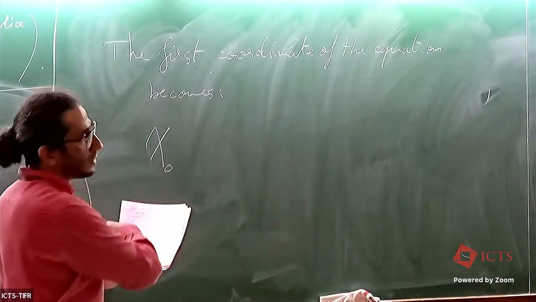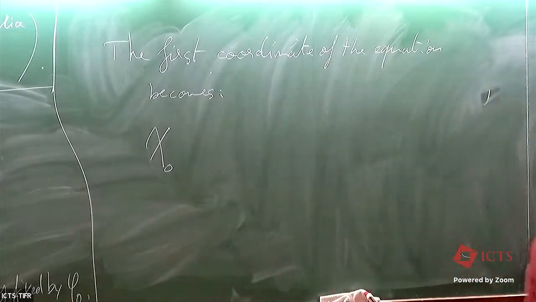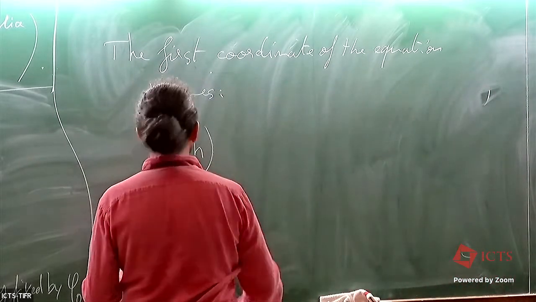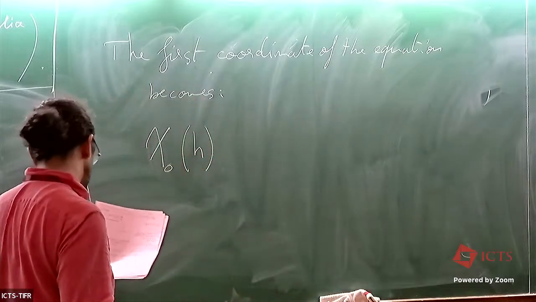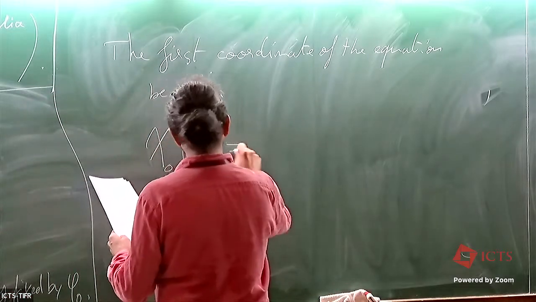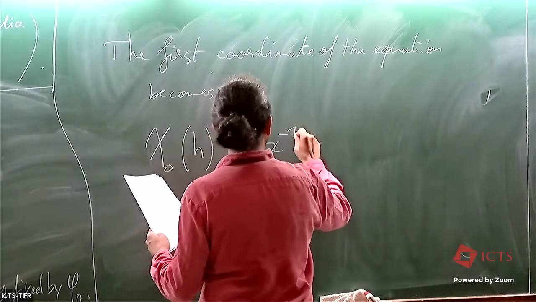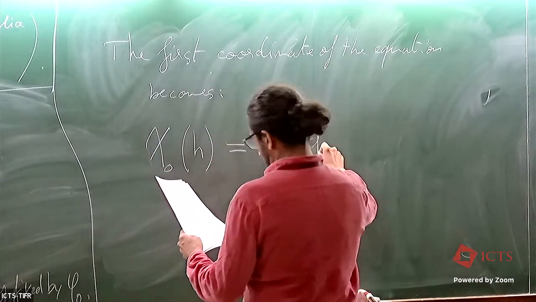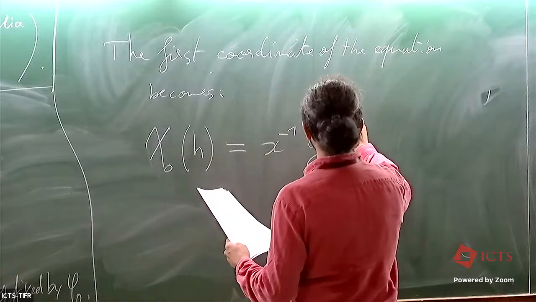I place K0 on the other side, K0 of H. So remember H, I am given H. I'm looking for K0 and X is equal to X inverse G phi of X.